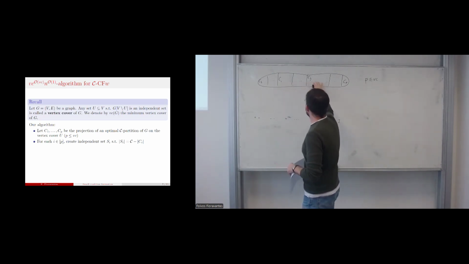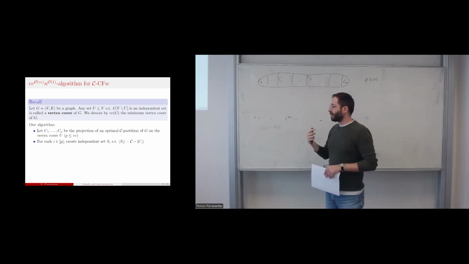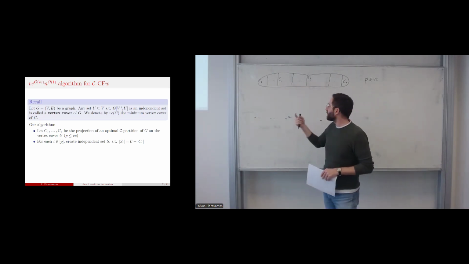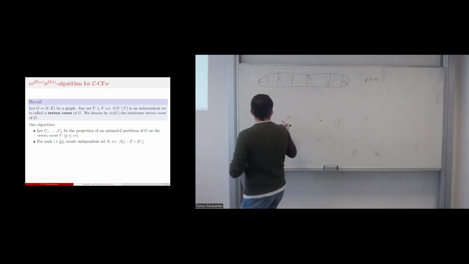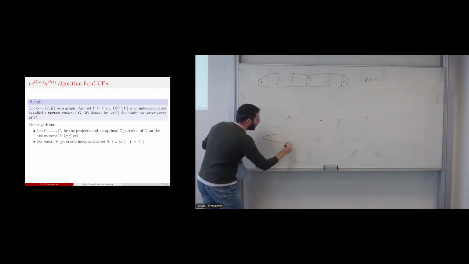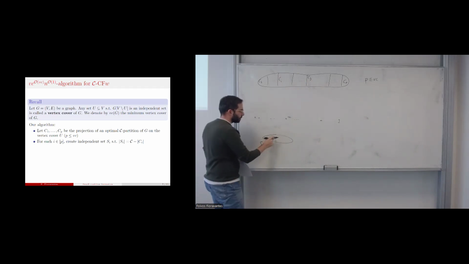Each one of those has some sort of space: how much space there is left in those before they get saturated. So we are going to create here independent sets, one for each of those.